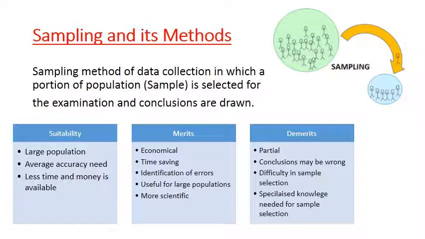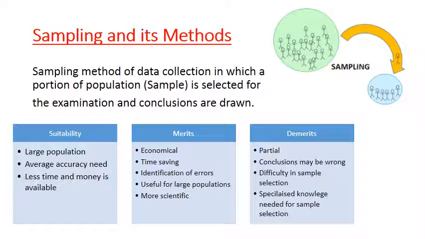Demerits: it is partial. Why is it partial? Because you are investigating only a portion of the population, not all of it, so there is a possibility that only partial information will be available.